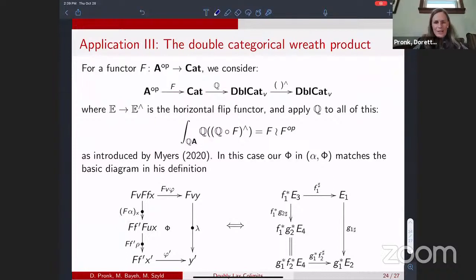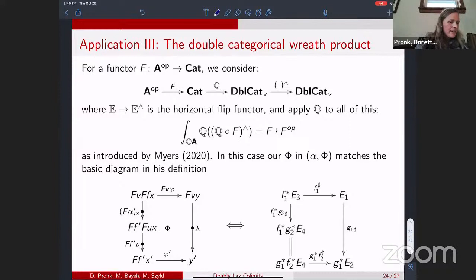The third one is one that occurred just recently in a paper by David Jaz Myers. This one is a little more complicated, and I can't make it into a nice little package, but we can see David's construction of the read products as a special case of our construction.